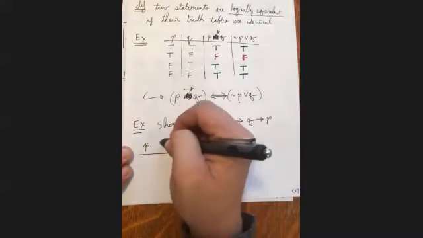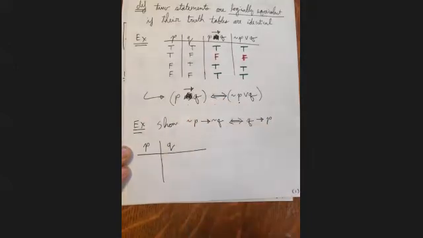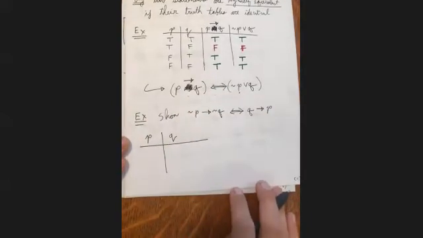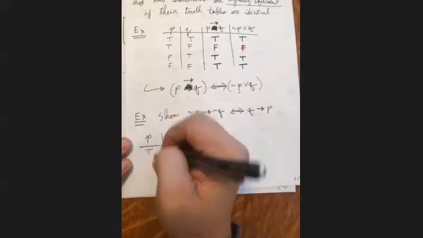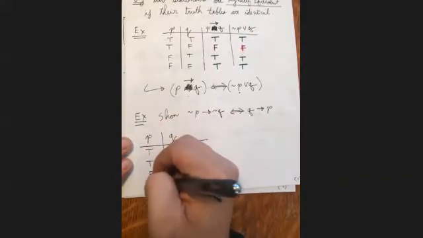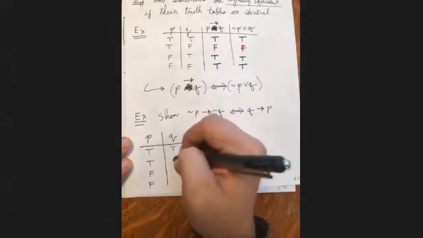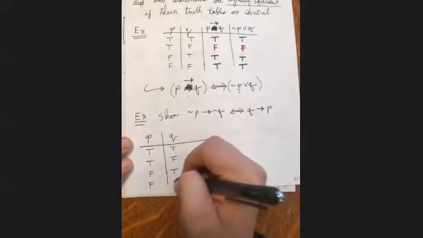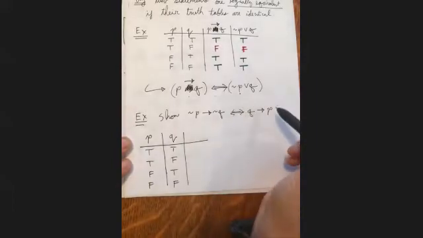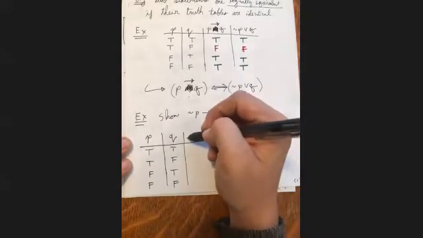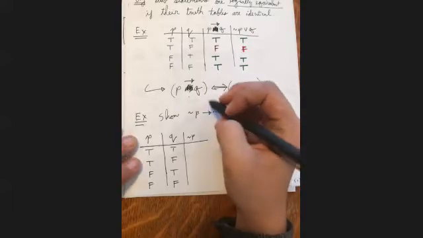So we build our truth table, P and Q. We're going to have 4 rows because we have 2 variables. 2 to the 2 is 4. So we do true, true, false, false for P, then true, false, true, false for Q. And then I'll build it up in pieces.